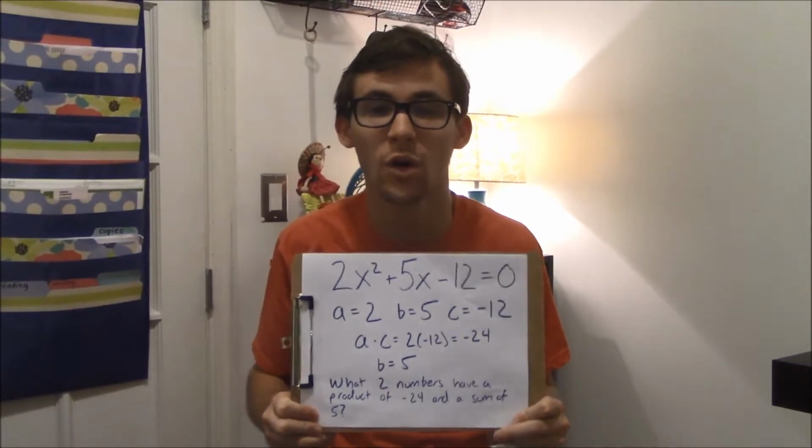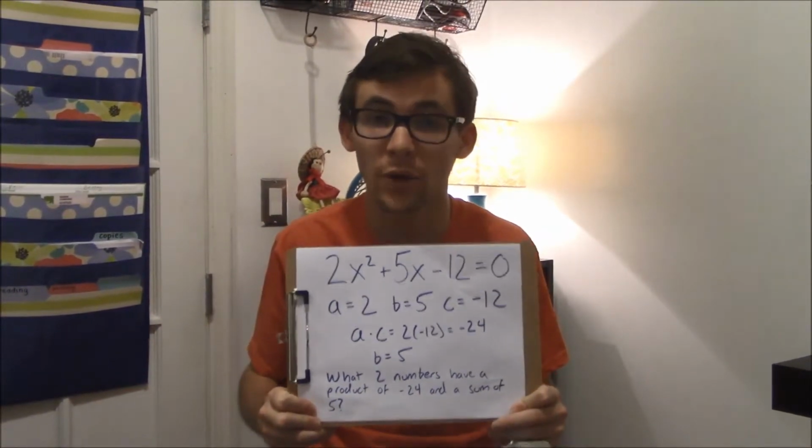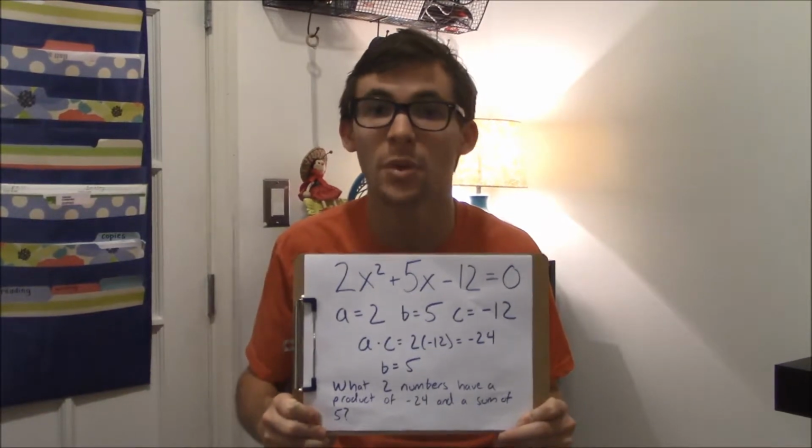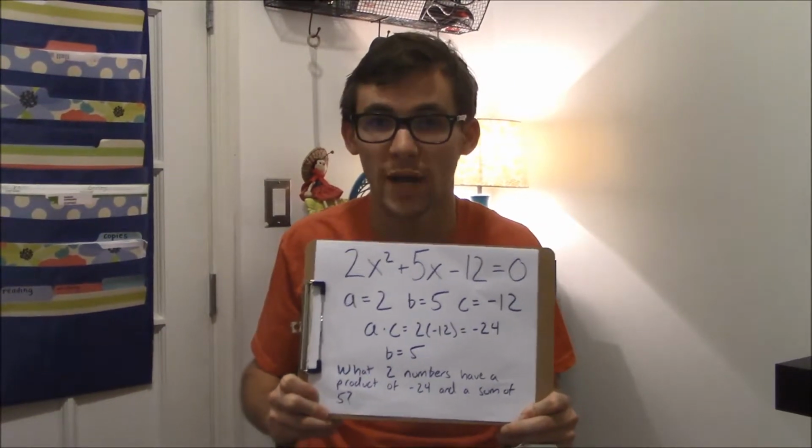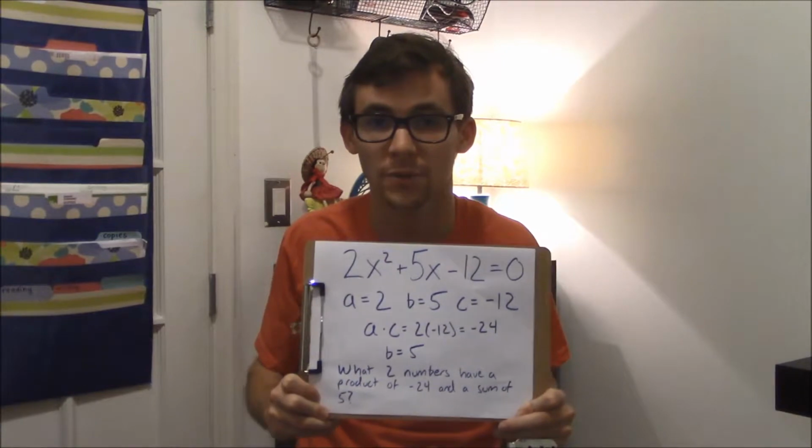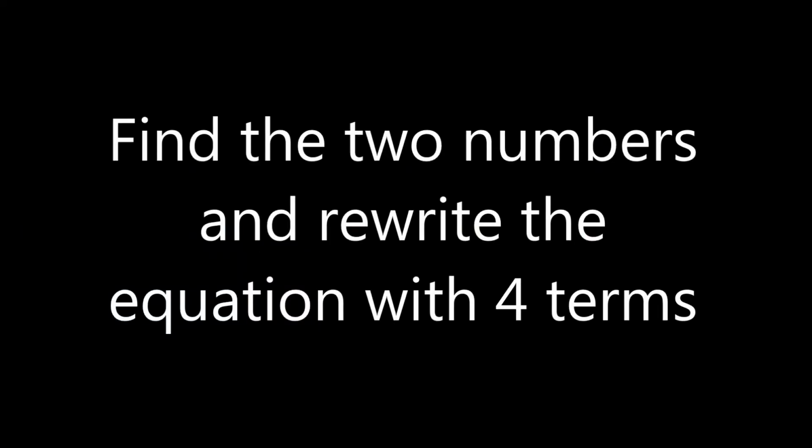When I say go, work with your elbow partner to not only find our two numbers, but use them to rewrite our quadratic equation with 4 terms. Go. And come back together in 3, 2, 1, time.